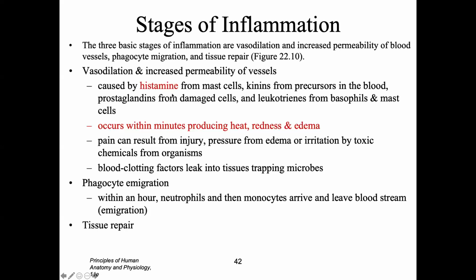Histamine is a very potent vasodilator, so it causes your blood vessels to dilate. As they dilate, you spread out the cells forming the blood vessel. So what happens when you spread out the cells? Any gap between those cells also spreads out, making it easier for white blood cells to leave your blood vessel and enter the infected tissue. Remember, your blood vessel will lead to that site of infection, but you need a way for the white blood cells to exit your blood vessel, right?